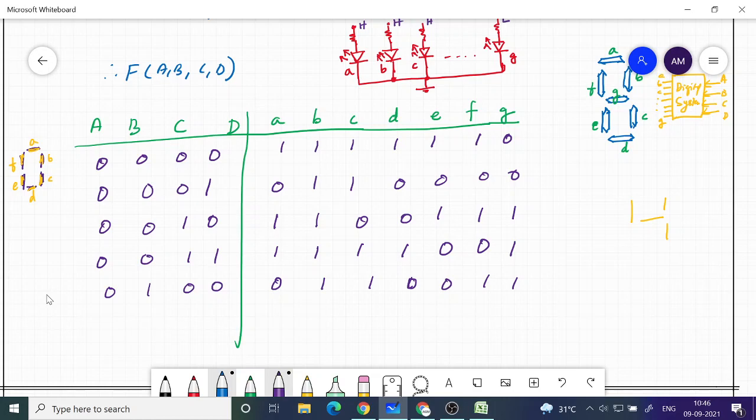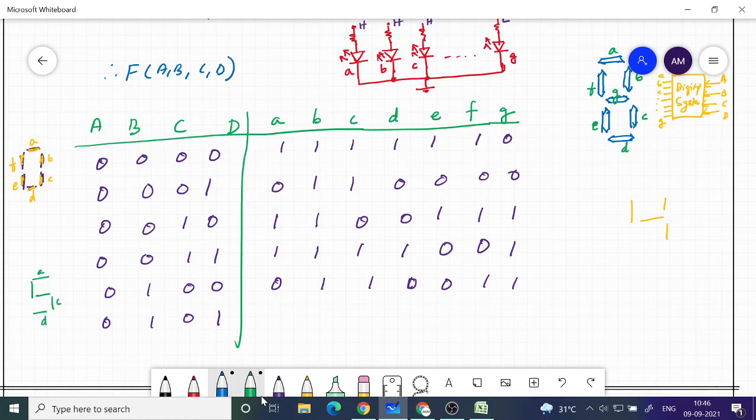Next one, 0, 1, 0, 1. This is 5. So A, B is not there.